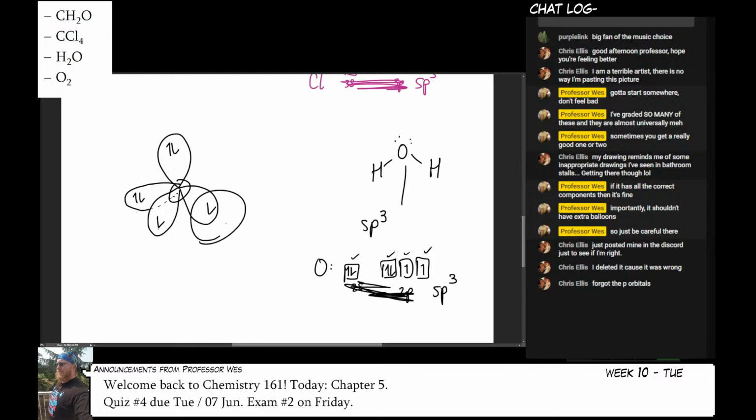I don't know why I chose the upside down electron, but there you go. That's what it looked like for water. So we got our non-bonding. This is oxygen sp3, hydrogen 1s. That's a sigma bond. And this one's the same.